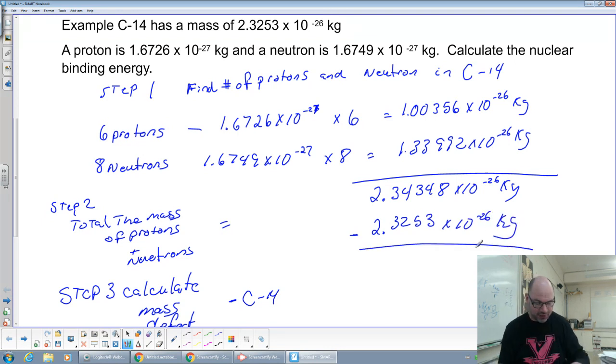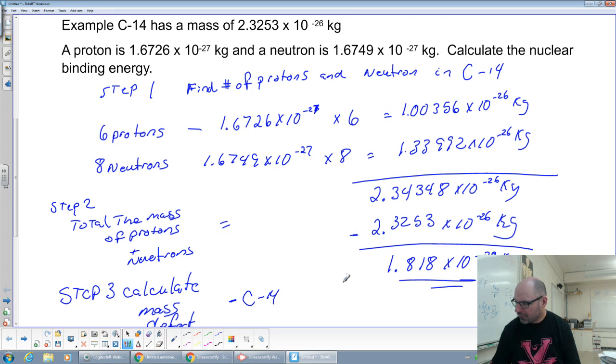So keeping this on our calculator, we just subtract 2.3253 scientific notation, pardon me, negative 26. And that gives us 1.818 times 10 to the negative 28 kilograms. Okay, that's the mass defect. Okay, that's what we found there.